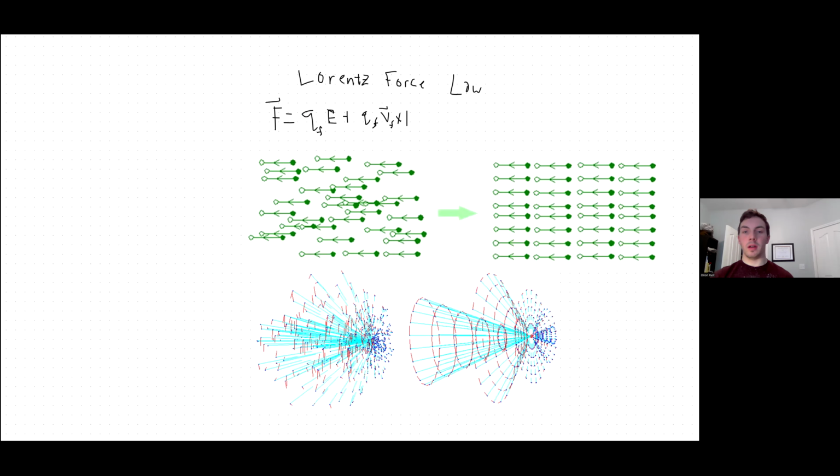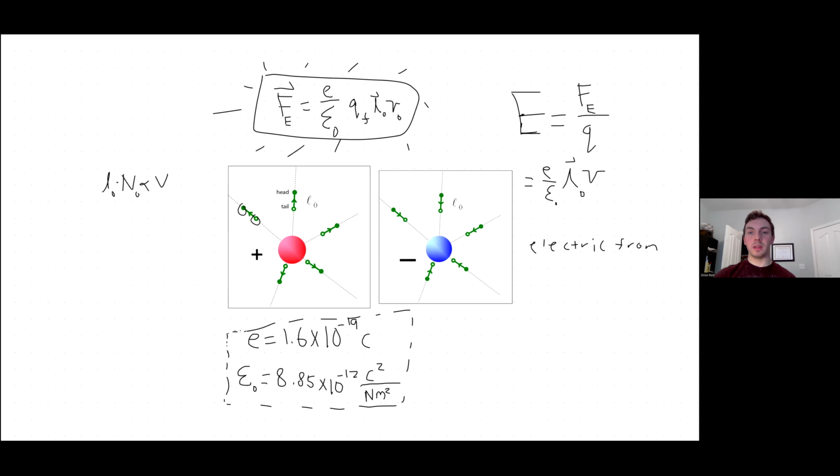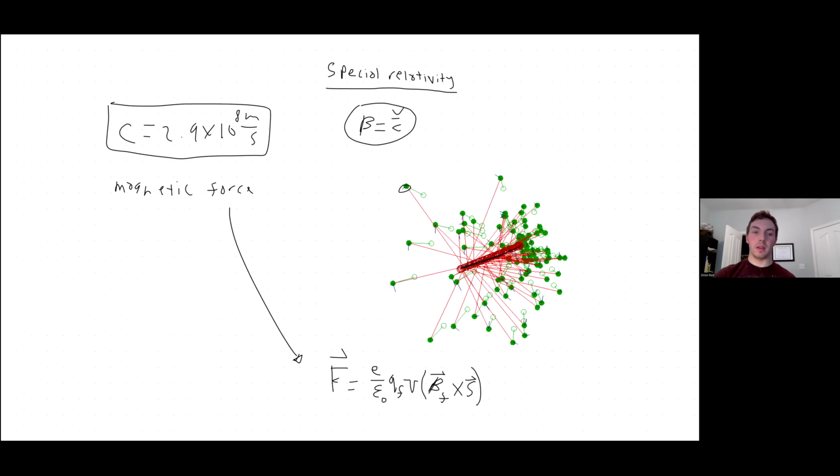And remember, we got from the first page right here that our electric field is our electric force divided by our charge. And here we can also write, we use the letter B to represent the magnetic field. B is equal to the stub force divided by the charge of the field particle.